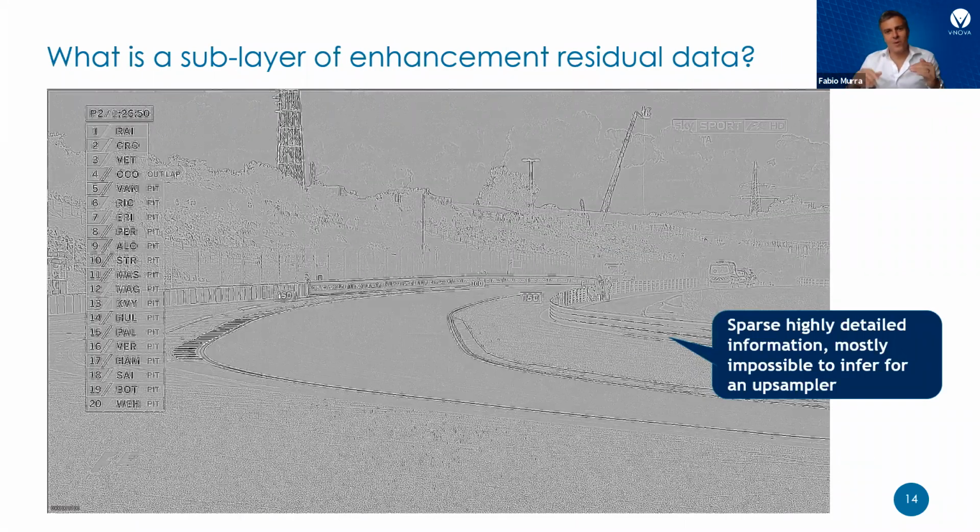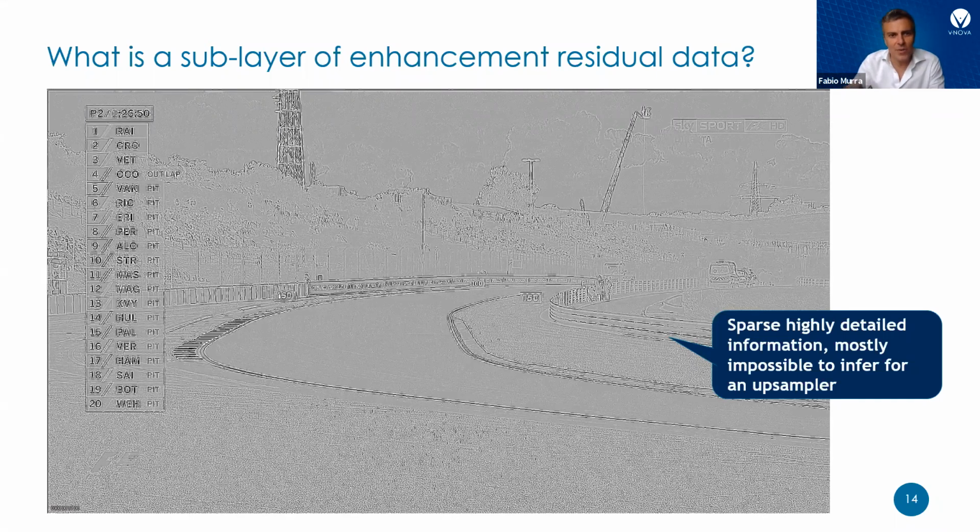So again, what does this residual layer of data look like once you take away the image reconstructed by a base codec? Again, as I said, it could be anything, AVC, HEVC, or VVC. The better the base codec, the different this residual data will look.